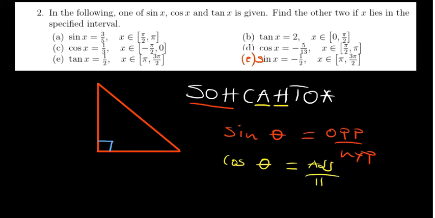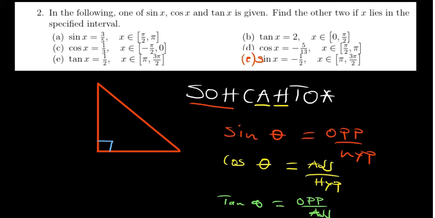Previously, from the previous question, I explained what these are. And then tan theta means opposite over adjacent. I'll be using these trig ratios to get the values that we have been given.